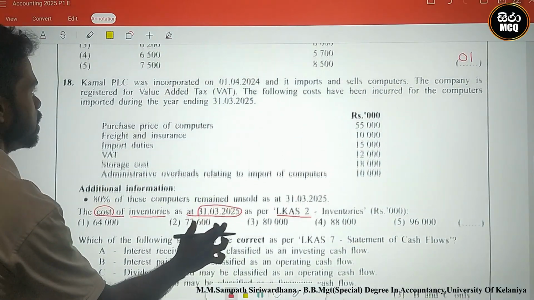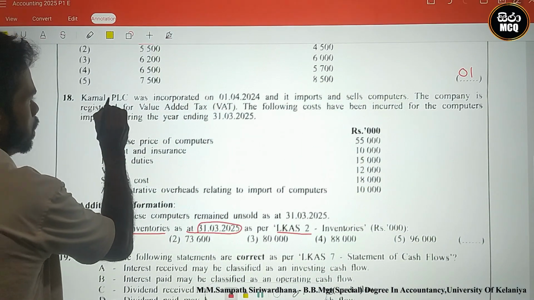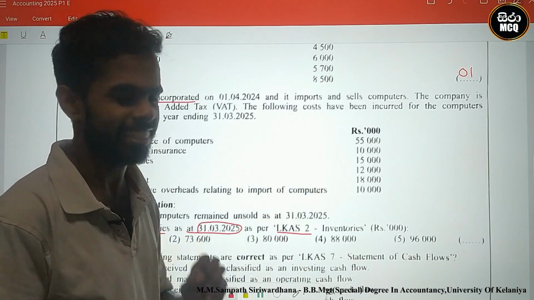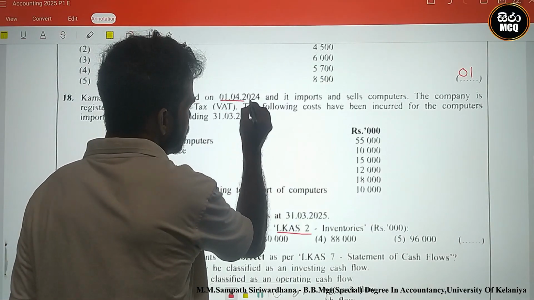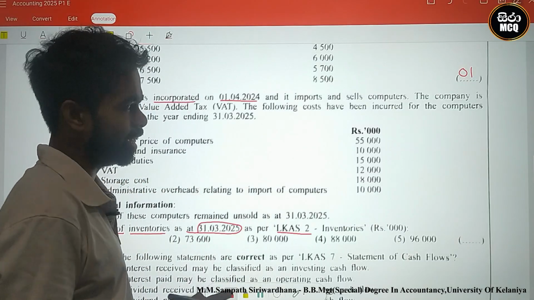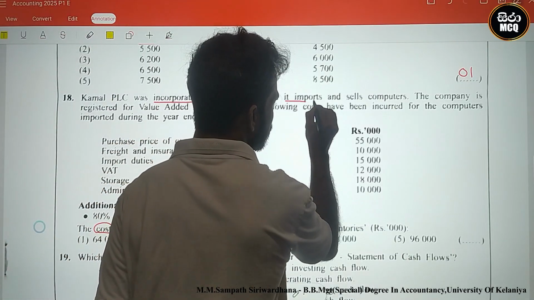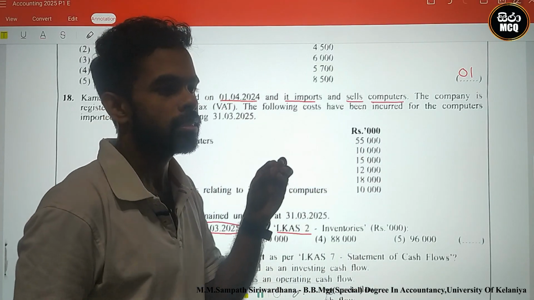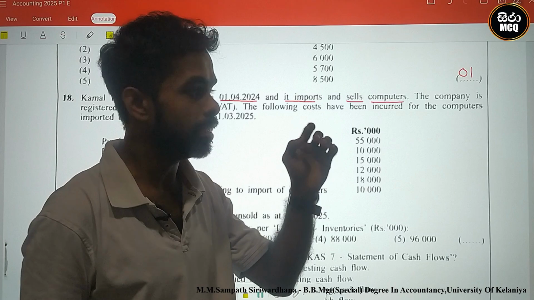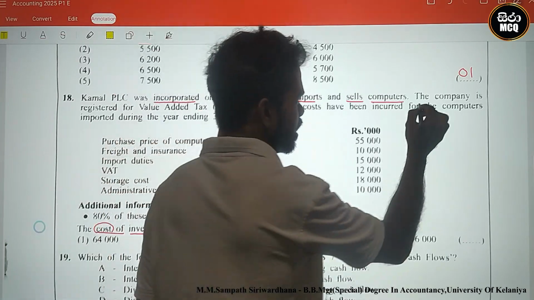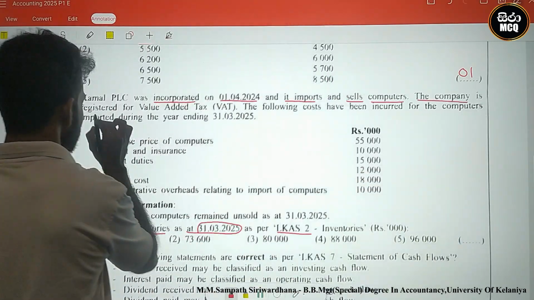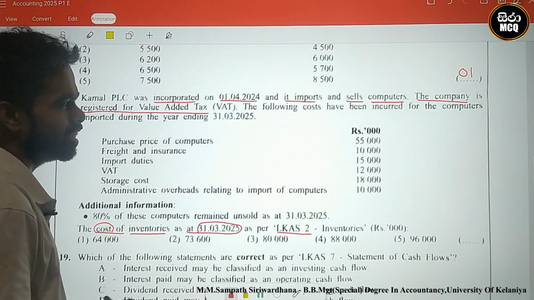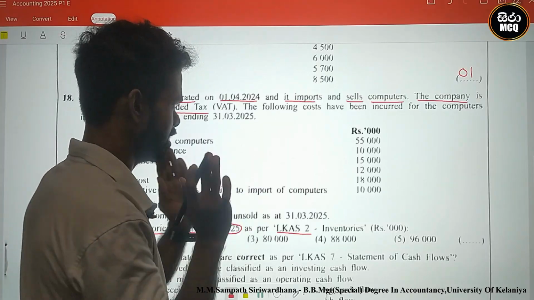Look here. What's the information? Kamal PLC was incorporated, meaning started, on 1st April 2024. This is the opening date. And it imports and sells computers. They import computers from other countries and sell them. The company is registered for value added tax, VAT.